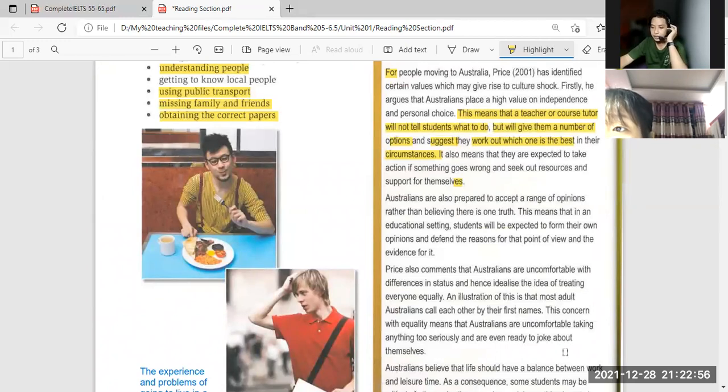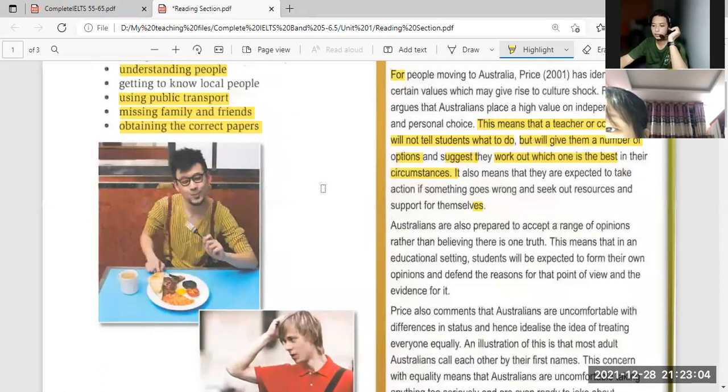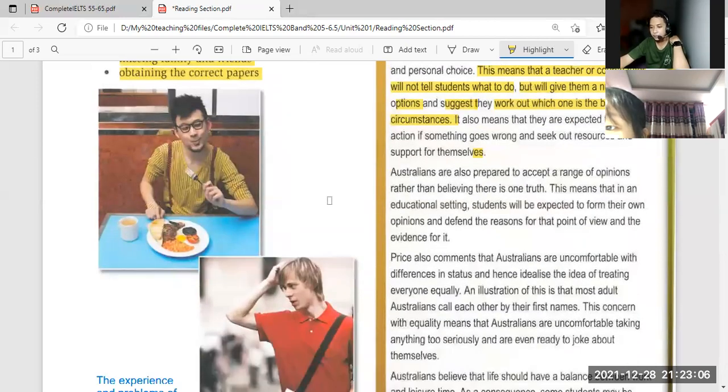Where can you see first names? Australians call each other by their first names.